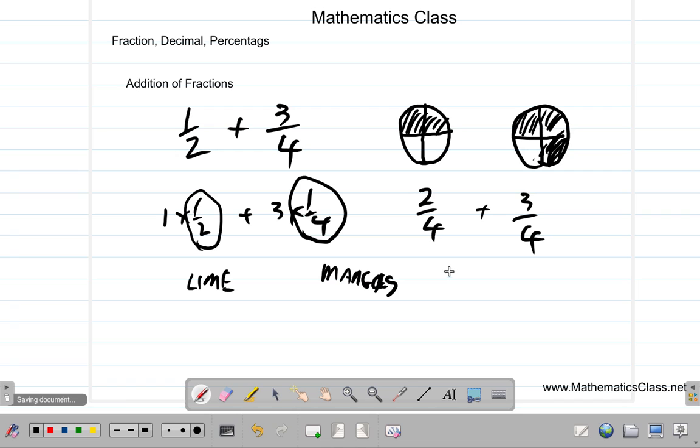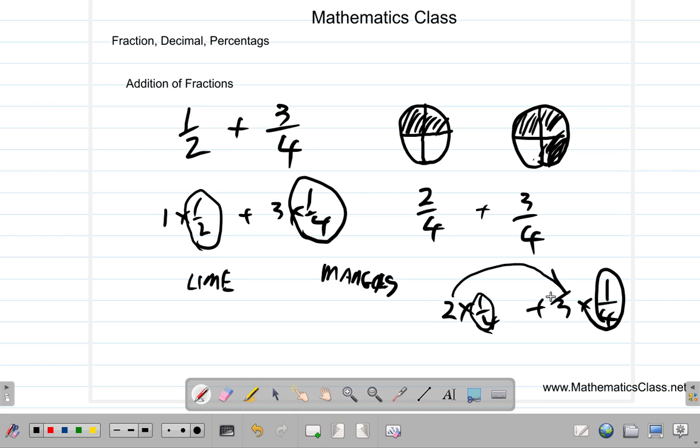Now you add the same thing. It's like you have mango plus mango. 2 and 3 are 5. You have 2 of something, and you have 3 more, you get 5. You see?